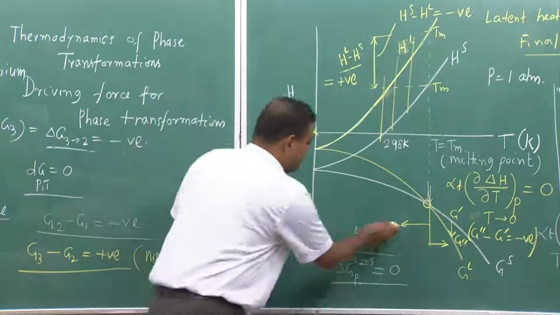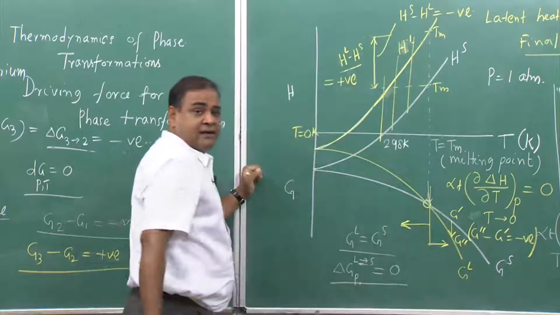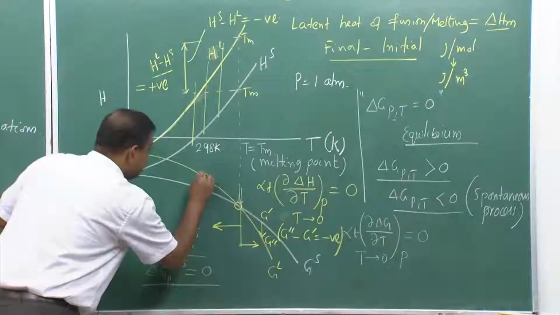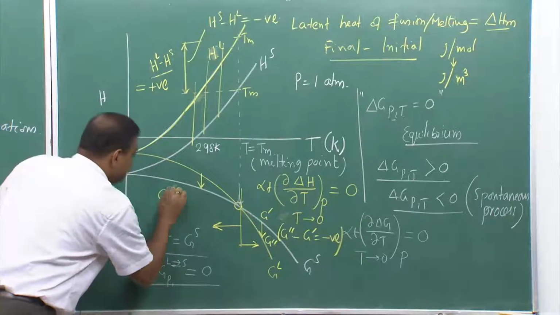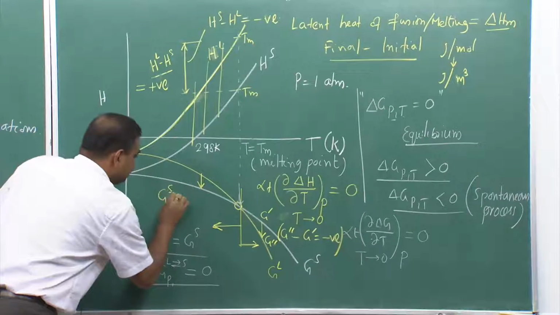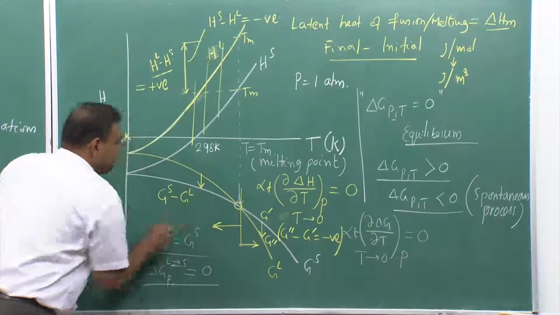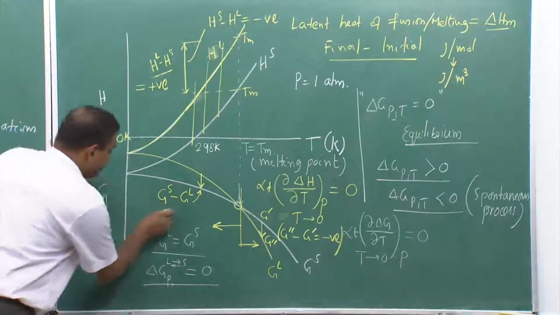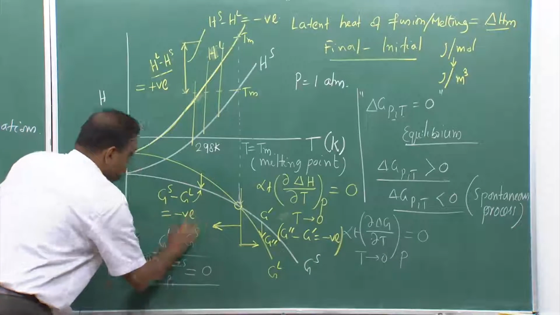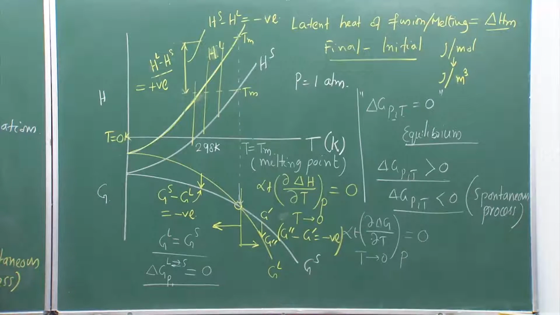Now, if I go this way, G S minus G L at this temperature becomes negative. So again it becomes a spontaneous process.